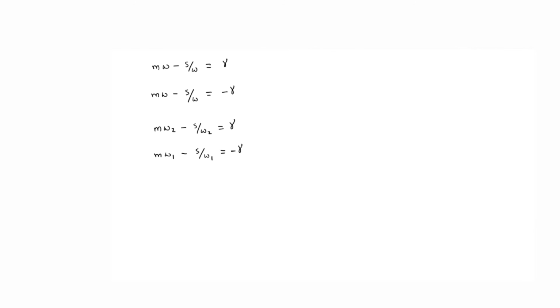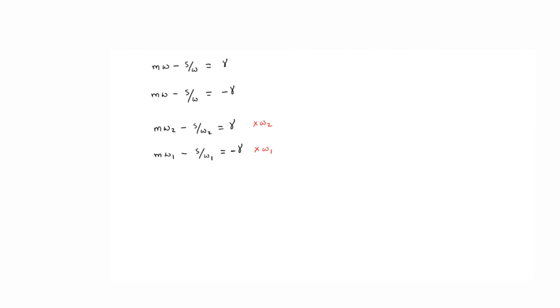Now, I want to eliminate s here, s is the stiffness constant, and the way to do it is simply multiply this equation by omega 2 and multiply this equation by omega 1, subtract one from the other, and we will be able to eliminate s from the two sets of equations.